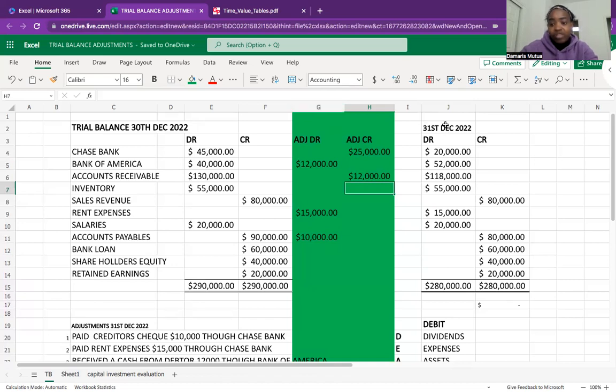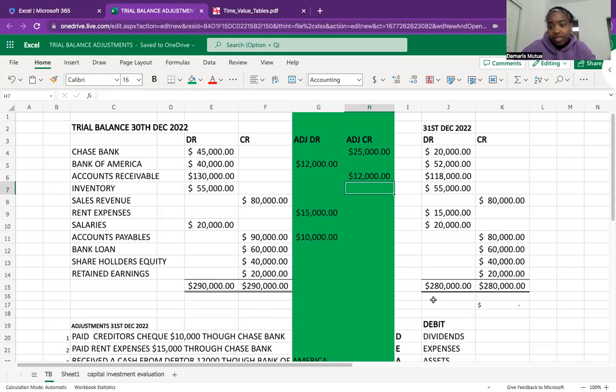So this is our closing position, which shows that our Chase Bank balance is $20,000, Bank of America 52, accounts receivable 118, inventory 55, our sales revenue 80, rent 15,000, salaries 20, accounts payable 80, bank loan 60, shareholders 40, and retained earnings 80. And our debits and our credits are the same.